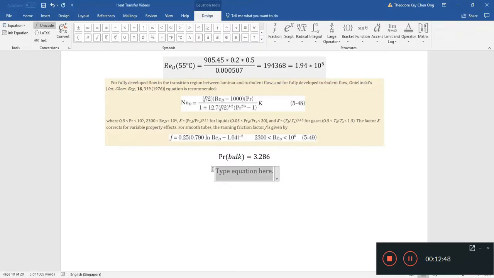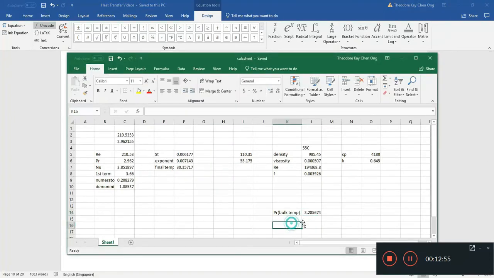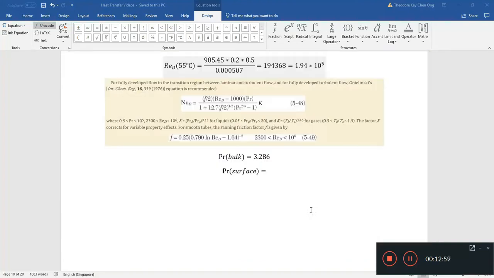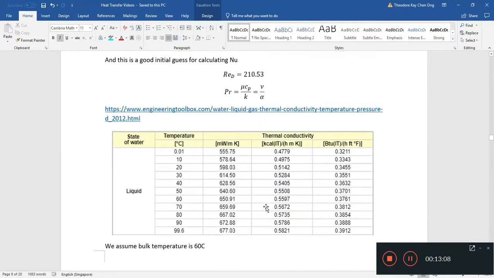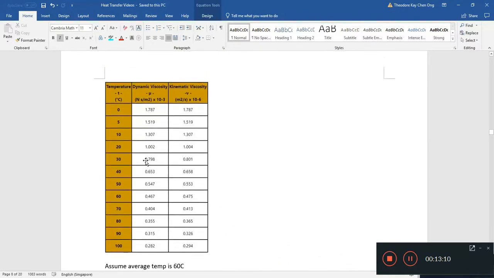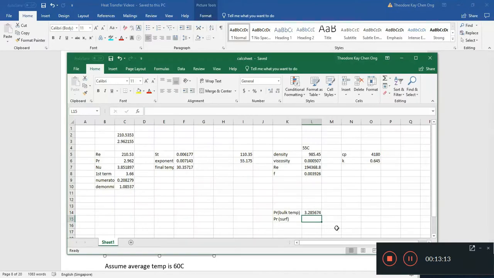We need a Prandtl number at the surface temperature. So we'll need properties at 30. We'll just use the correlations here and go through them one at a time. So mu Cp, where's the mu? At 30 it is 0.798 times 1e minus 3.